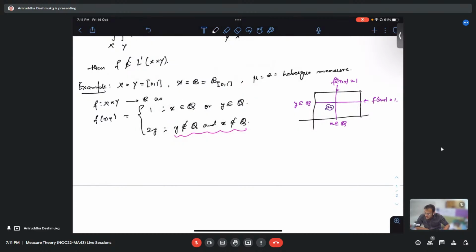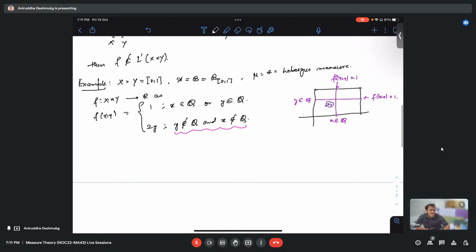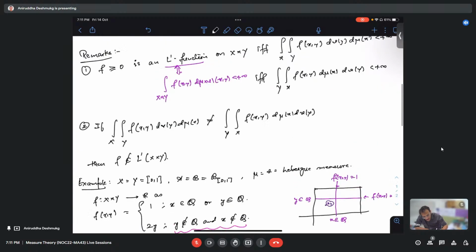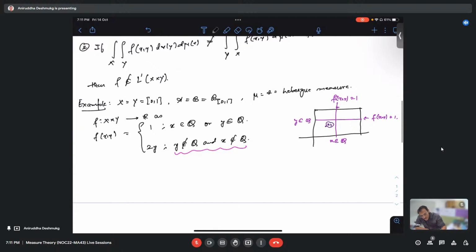Now, what can we say about its integrability? Whether it is integrable or not. One can check the measurability, it is not a big deal. So let us check whether it is integrable. Since it is a non-negative function, let us observe that f is non-negative, because either it is 1 or it is 2y, and y is a non-negative real number.